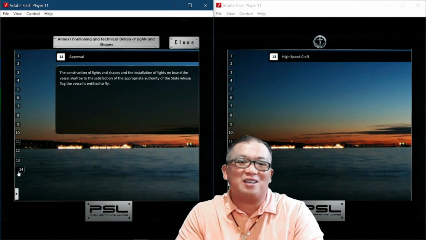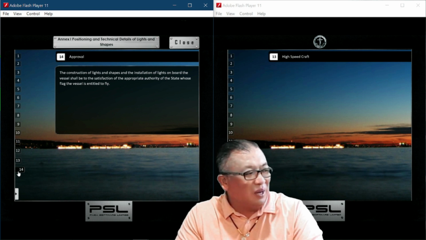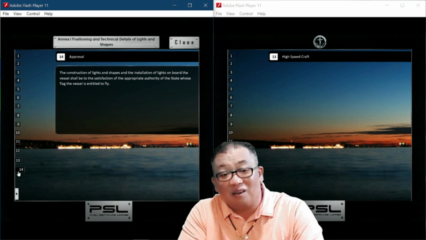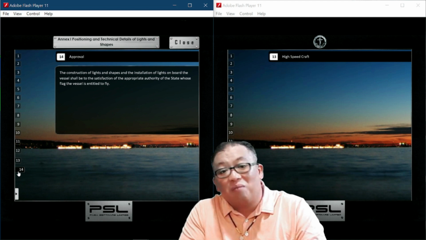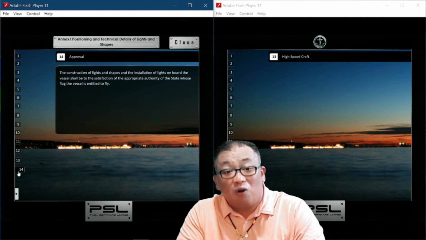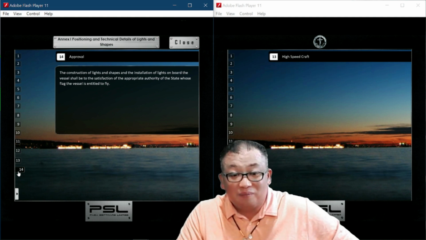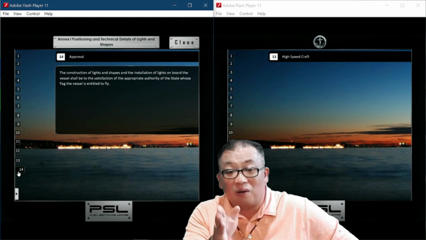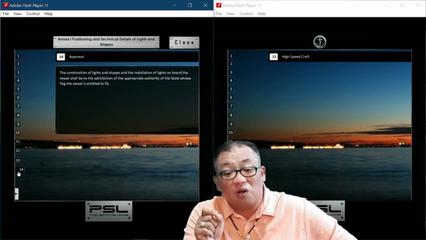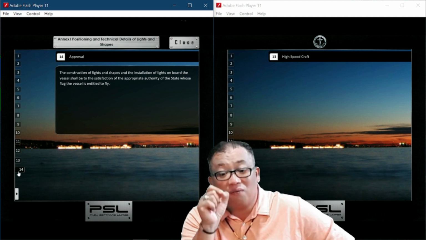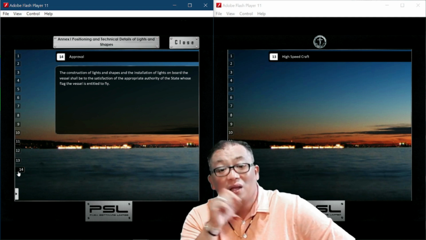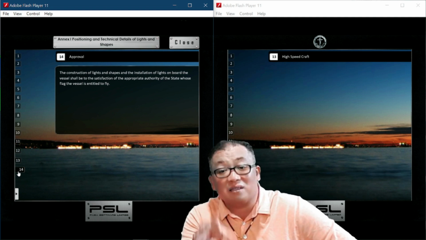NIS, a Norway vessel. It could be a Danish, Copenhagen vessel. Maybe it could be a flag of convenience, or it could be a Philippine vessel. Therefore, the construction of lights and shapes and the installation shall be subject to inspection, because it is subject to the satisfaction of the state, meaning the flag state authority.